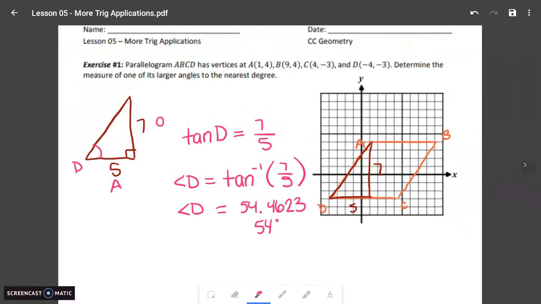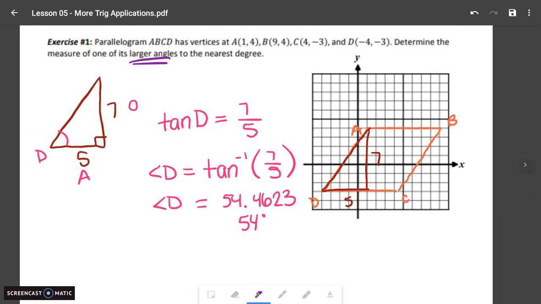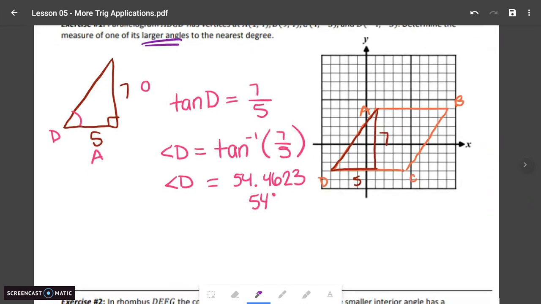Now, we're not quite done just yet, because we wanted to determine one of its larger angle measures. So we're going to look at our picture here for some guidance, because if we want the larger one, angle D is definitely an acute angle of 54. So what we should remember about parallelograms is that the consecutive angles, so like D and C or D and A, one after another, are supplementary, meaning they add up to 180 degrees.